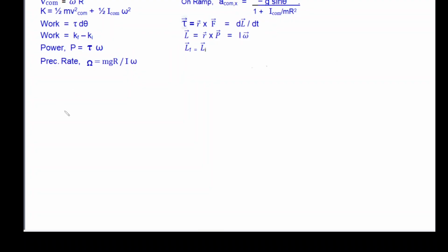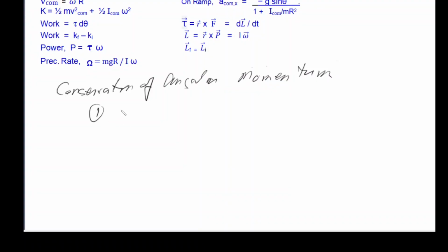Now let's move on to the law of conservation of angular momentum. Well, we first had conservation of energy.